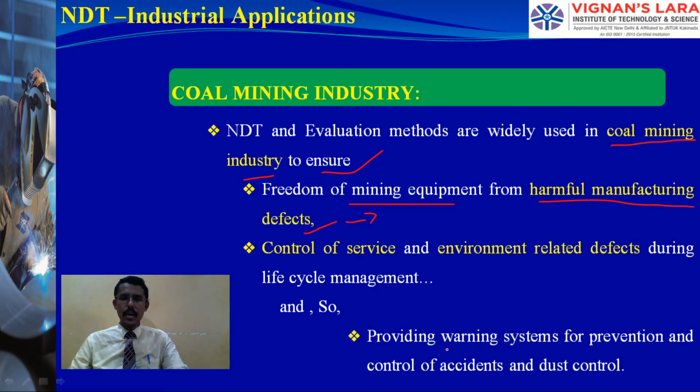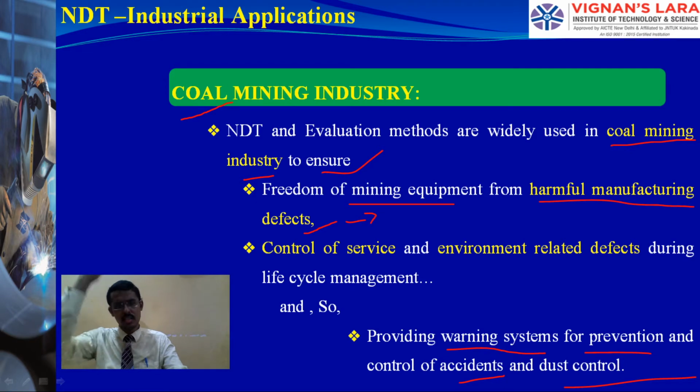We can also provide warning systems for prevention and control of accidents and dust in the mining industry. Mining is very much related to underground processes. There may be muds, a lot of sand and a lot of dust, and a lot of accidents also happen when we are doing the digging process inside. The whole system may fall down due to vibrations, right?